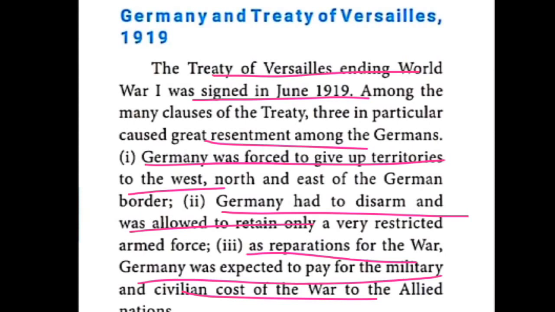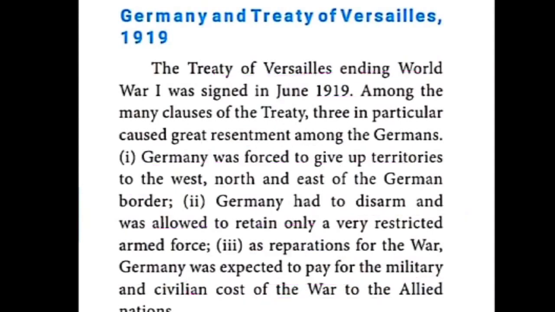Disarm means they have to reduce their army. The German army was reduced to 1 lakh men only. Then the third one, war reparations. They had to pay heavy war reparations to the Allied forces. So these 3 points were responsible for the outbreak of the Second World War.